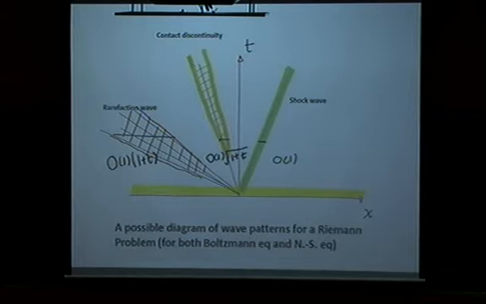We expect this picture to be valid for viscous flow, like artificial viscosity, the Navier-Stokes equation, and also the Boltzmann equation. This picture should be true, but for the low viscosity problem, no one has established such a pattern yet.